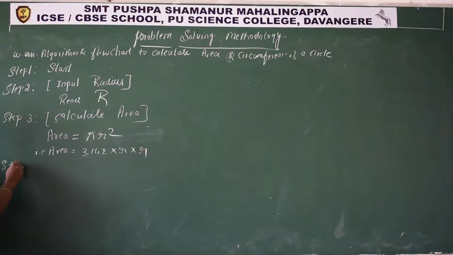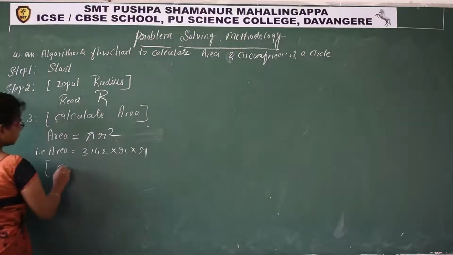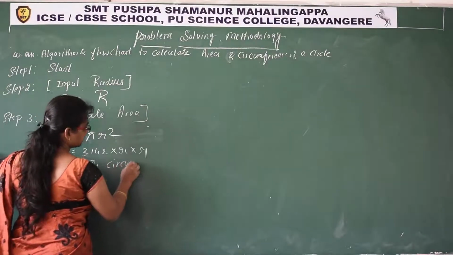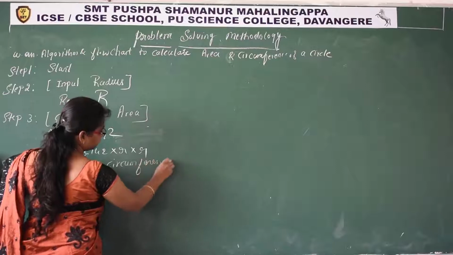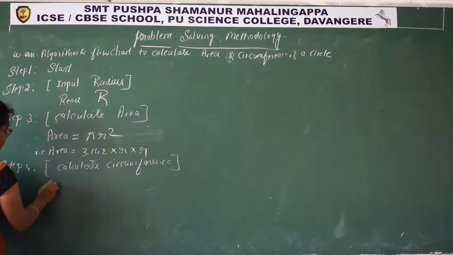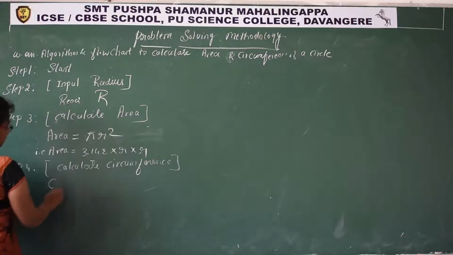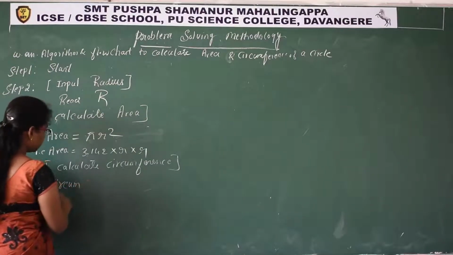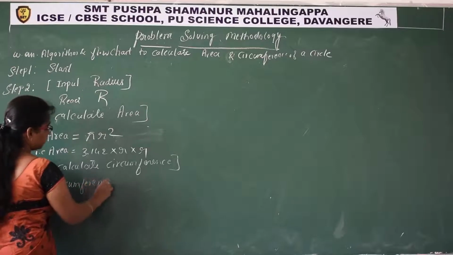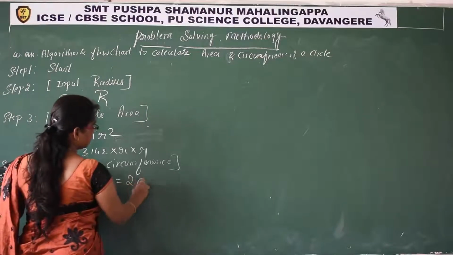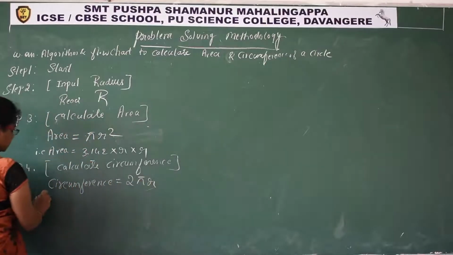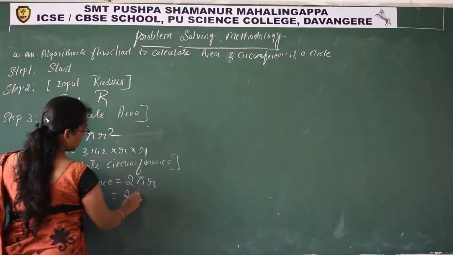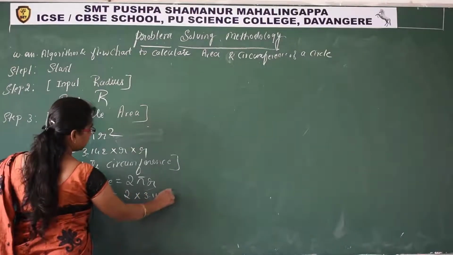Step 4. Calculate circumference. Circumference is equal to 2 pi r. I'll write the full word circumference. That is, circumference is equal to 2 into 3.142 into r.